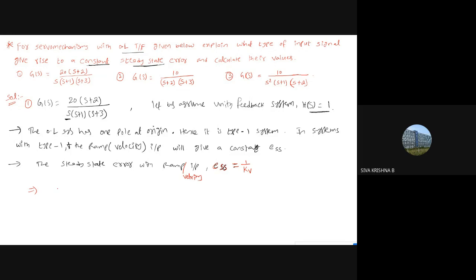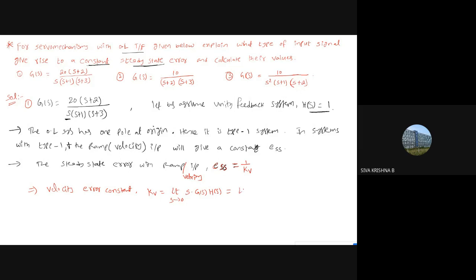Now Kv means the velocity error constant. Kv equals limit s tends to 0 of s into G(s) into H(s). So what is H(s) and what is G(s)?